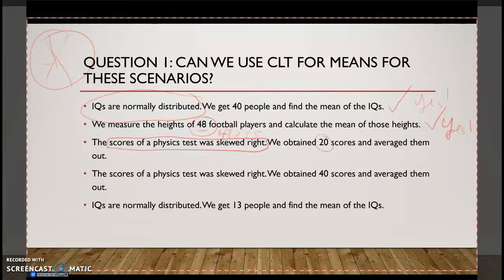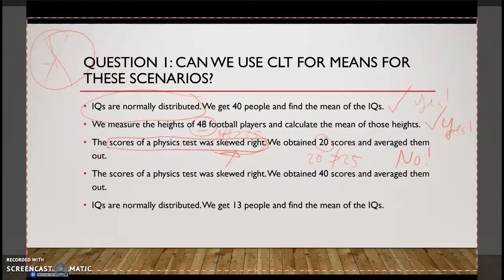Is this normal? No, clearly not, because it told us it was skewed right. But can we use the central limit theorem? In this case, no, we can't, because first of all, the data is not normal, and 20 is definitely not greater than 25. So we cannot use the central limit theorem.